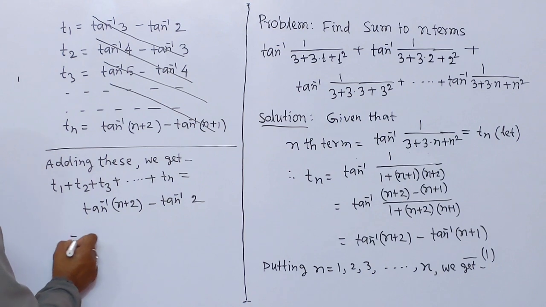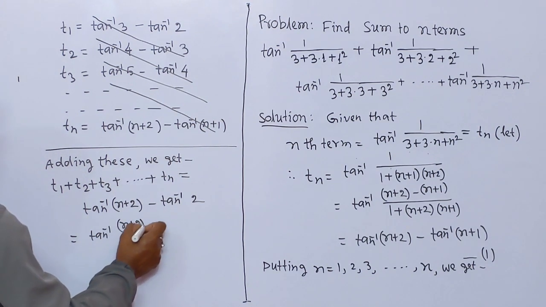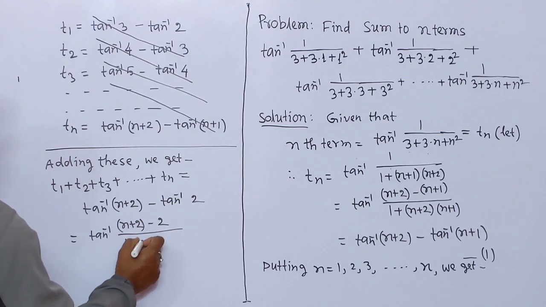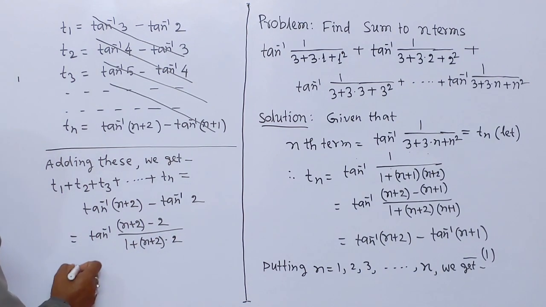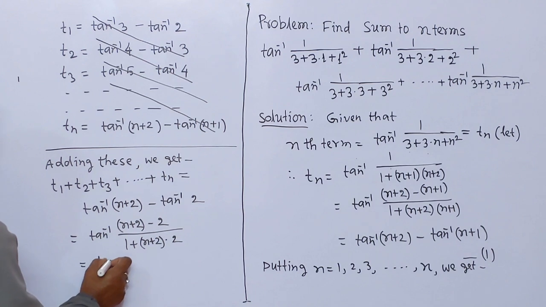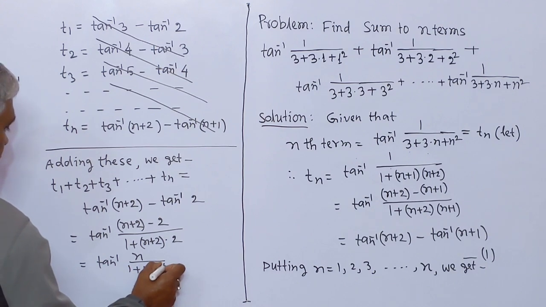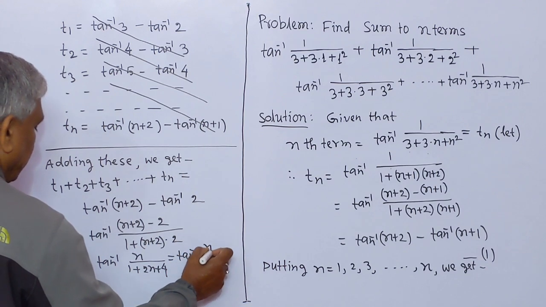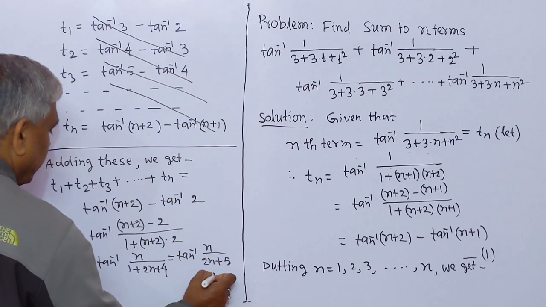We may write this as tan inverse (n plus 2 minus 2) by (1 plus n plus 2 multiply 2). So this will be equal to tan inverse, here only remains n, here 1 plus 2n plus 4, and this will be equal to tan inverse n by (2n plus 5), and this is the required answer.